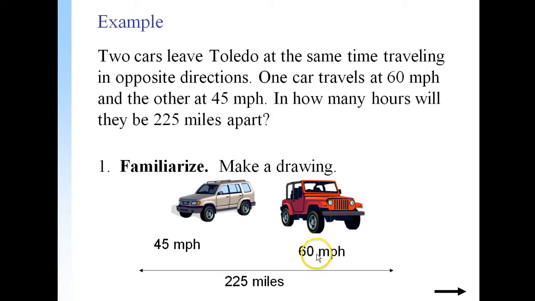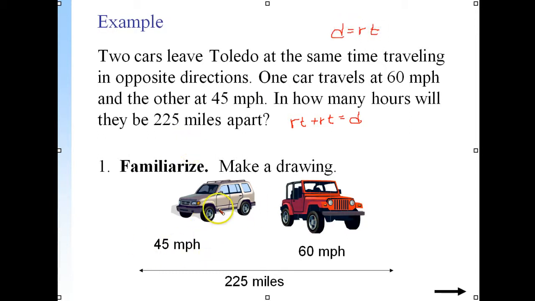Now, what do you know about the time here? Well, in this case, the time is going to be the same for both of them, right? So what was time? You recall, our basic formula is distance equals rate times time.